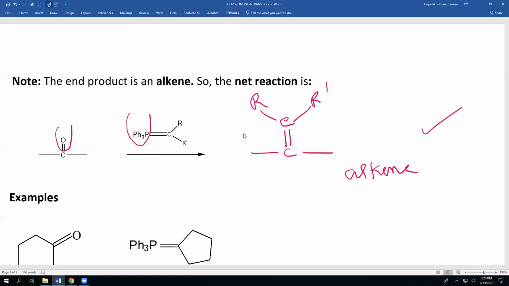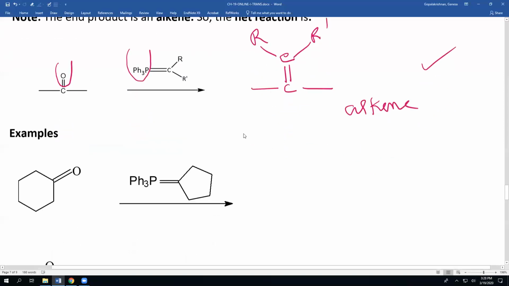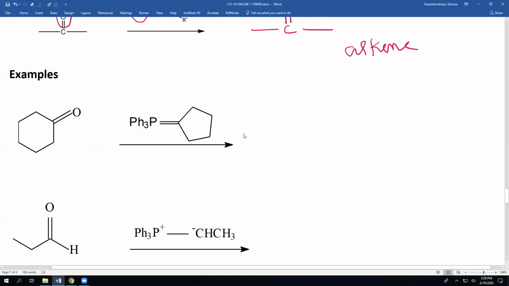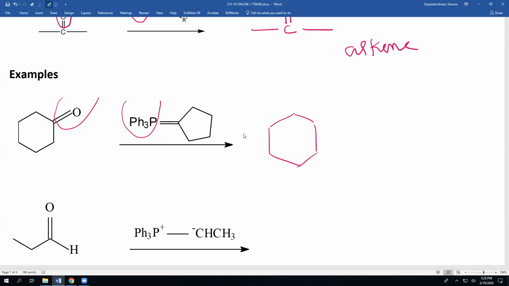If you remember this, you can write the product of any Wittig reaction. In all Wittig reactions, we are going to have a Wittig reagent and an aldehyde or a ketone. So basically, you take it and put the pieces together. So you get this alkene.